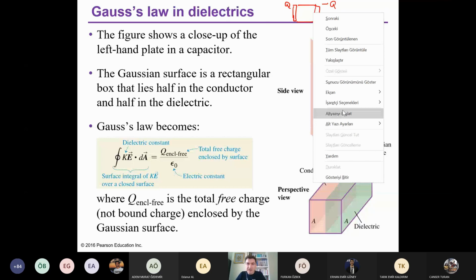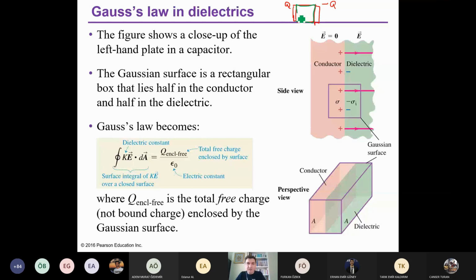Within the dielectric material, negative charges are collected here on the left side and positive charges are collected here on the right side. Okay, now we are looking at this side. We will investigate what is happening here.